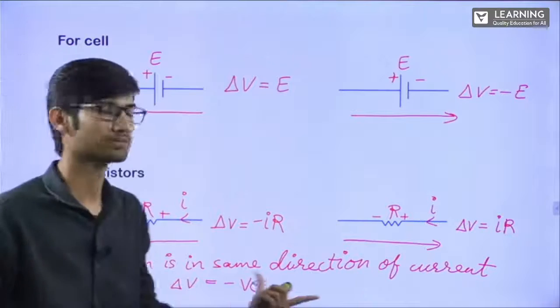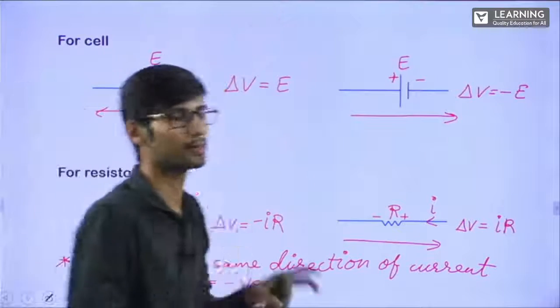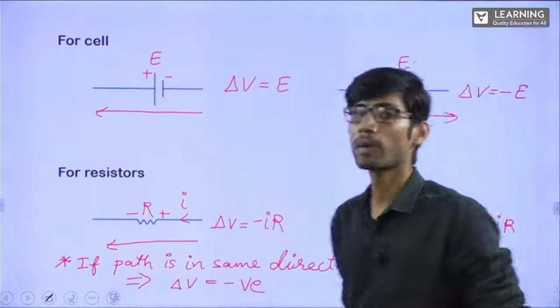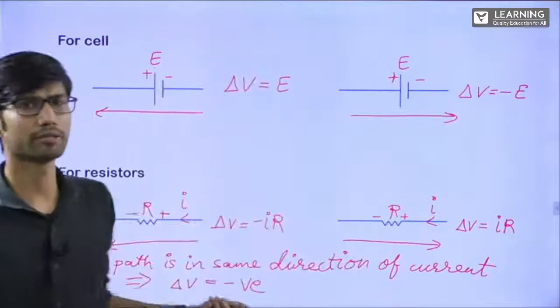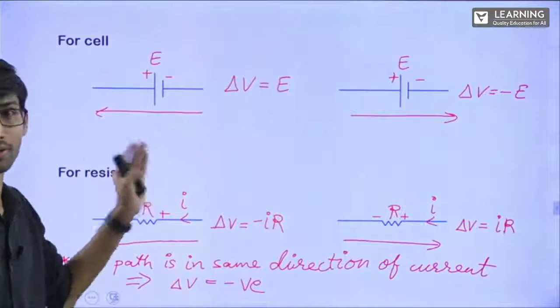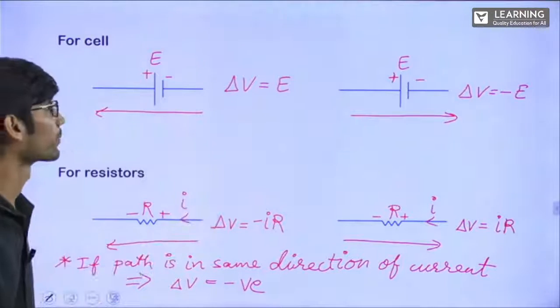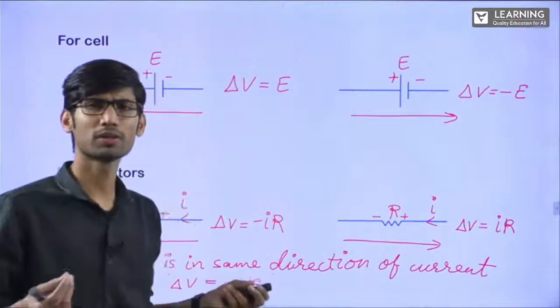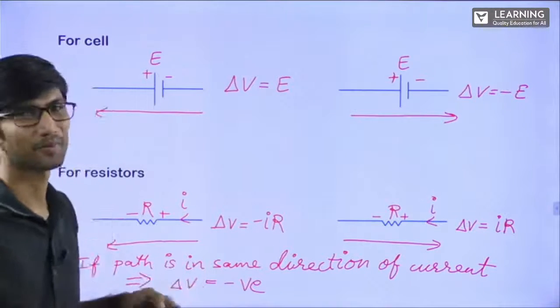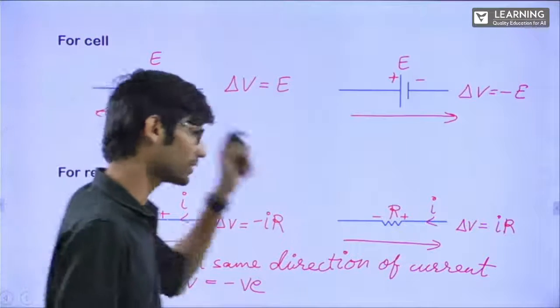All right, and the vice versa, the opposite. If path is in opposite direction of current, delta V is positive. Clear? You'll remember this always. Once you do certain questions, this will feed in your mind only. Don't worry.